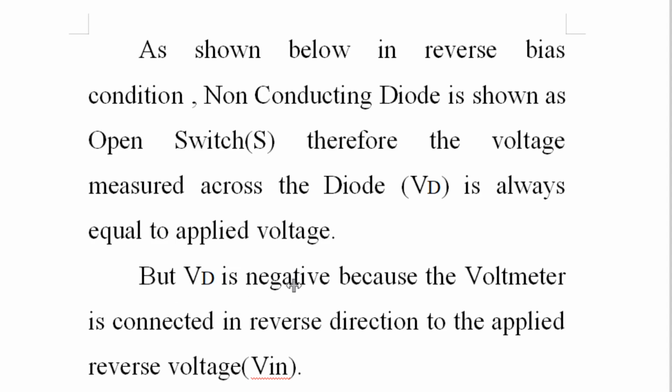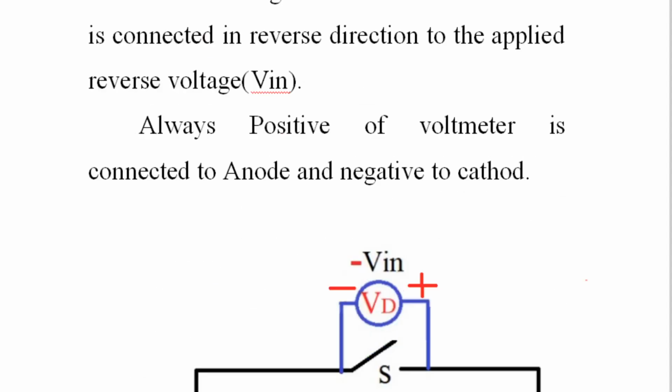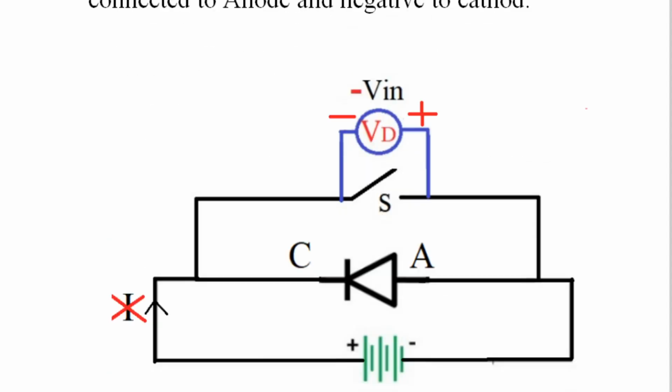But Vd is negative, because the voltmeter is connected in the reverse direction to the applied reverse voltage Vin. Always the voltmeter is connected to the anode of the diode. Now the voltmeter's positive is connected to the anode of the diode, and the voltmeter's negative is connected to the cathode.